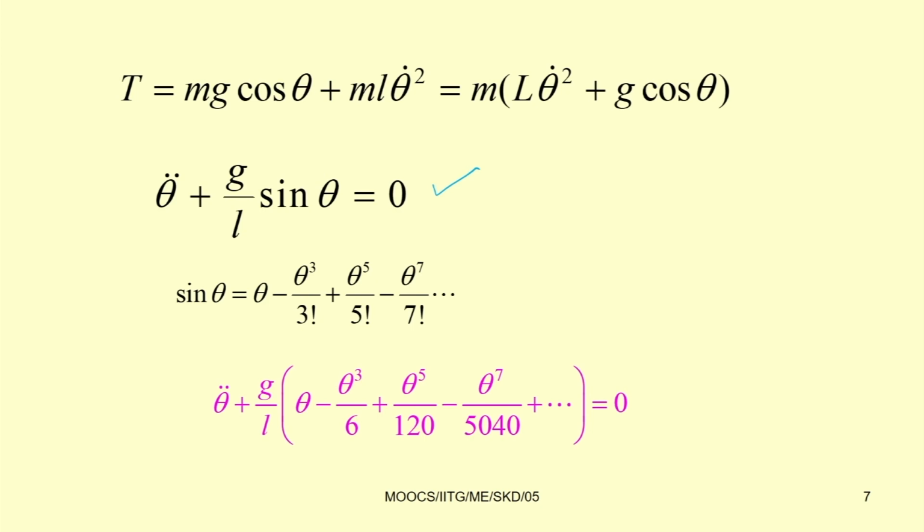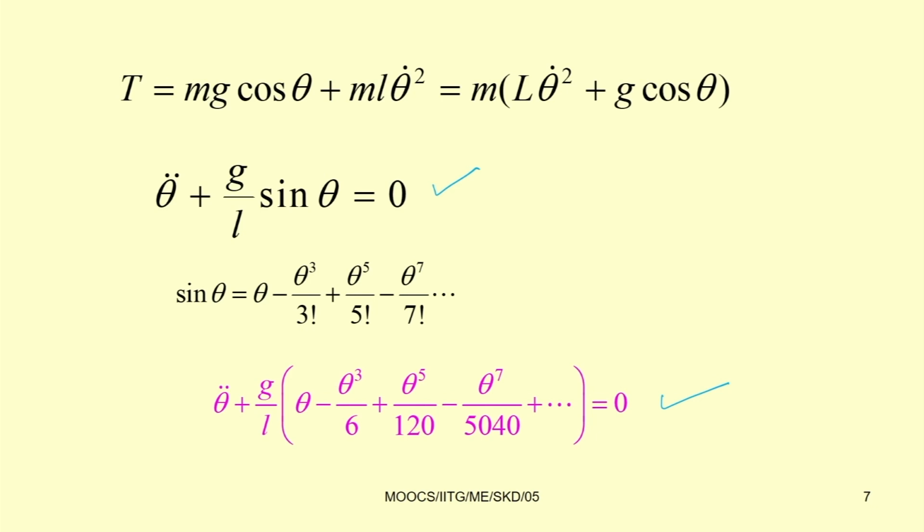But if theta is not small, then we can expand sin theta as theta minus theta cube by factorial 3 plus theta fifth by factorial 5 minus theta to the power 7 by factorial 7, and write down the nonlinear equation of motion in this form: theta double dot plus g by L into theta minus theta cube by 6 plus theta fifth by 120 minus theta to the power 7 by 5040.